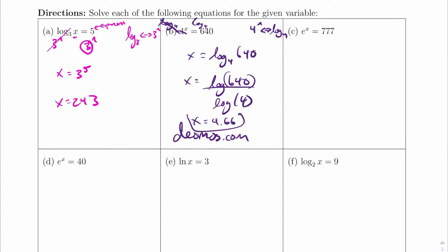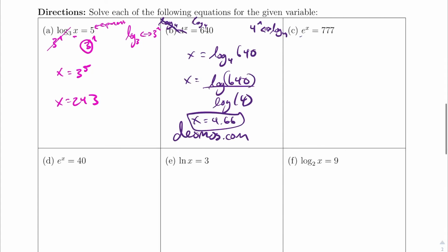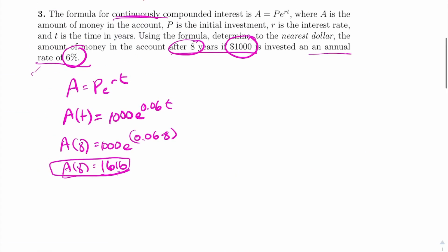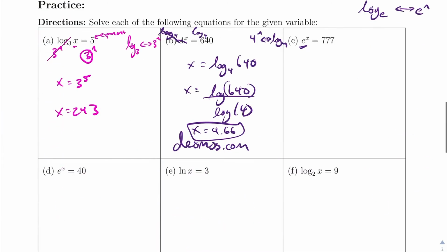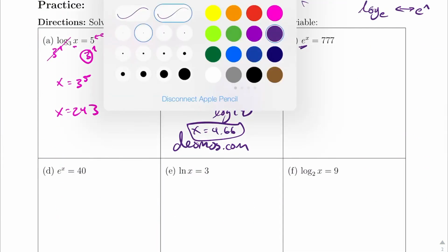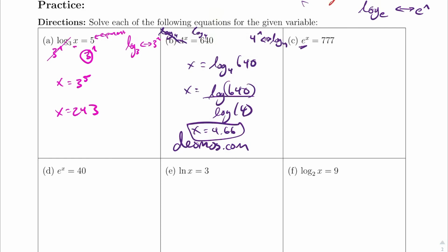All right, now today we learned something really important. e is a special base. And you could do log base e to cancel out a base of e. But because log base e comes up so frequently in all of these exponential growth problems, we give log base e a special name. It's the same thing as ln. So we do ln, the natural log, on both sides.